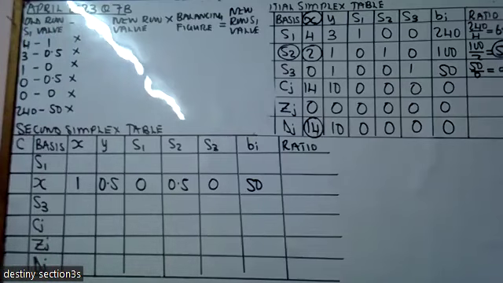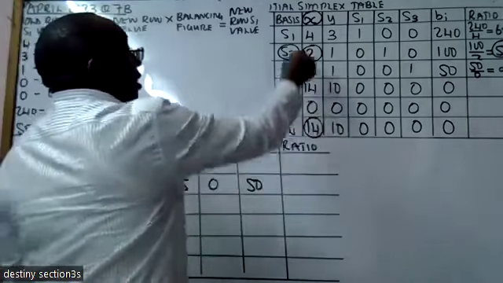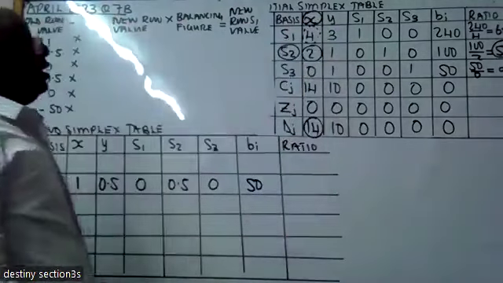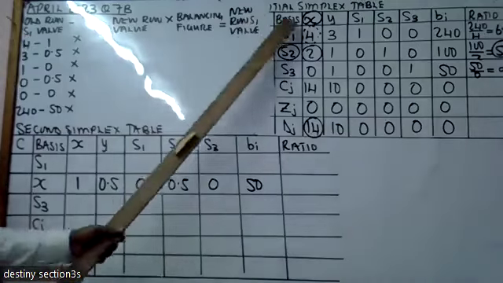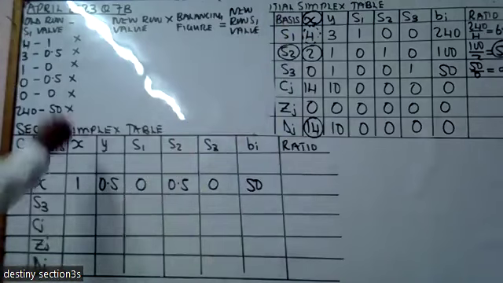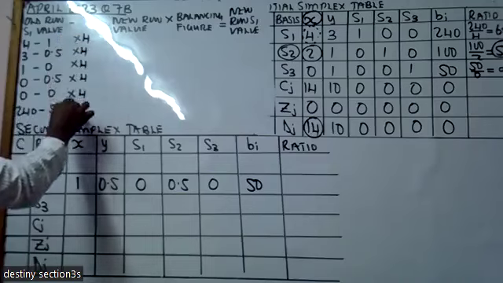I told you the balancing figure is the value at the intersection of the key column and the old row that you're dealing with. So that is 4. So put 4 there.